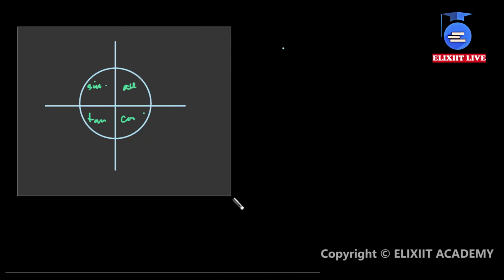So, reduction formula. Now what is a reduction formula? Let me take this diagram. Although the fundamental identities will not need it, some questions might be there where you might face this particular reduction formula.